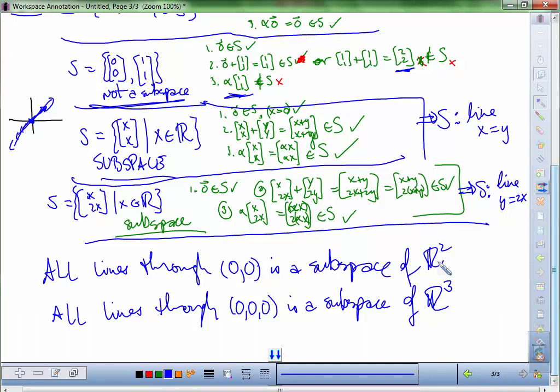This time in R3. Okay? In fact, you can generalize this to any line in n dimensions. So if you run into a line that doesn't pass through the origin, then it's no longer a subspace.